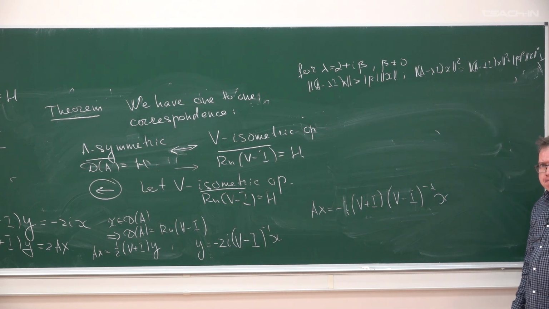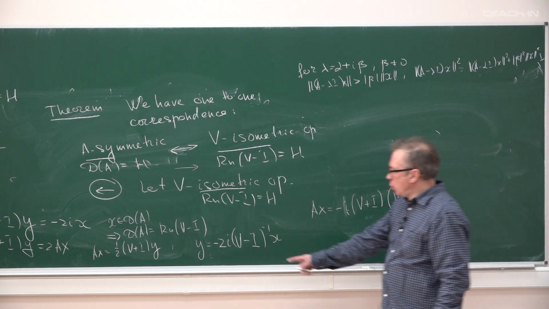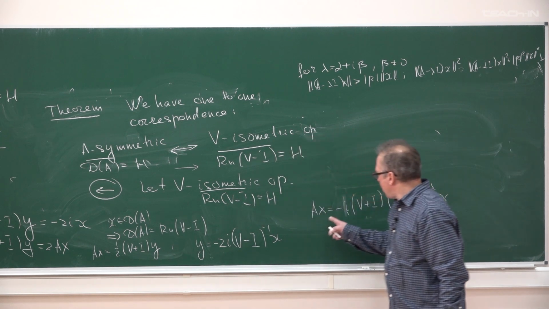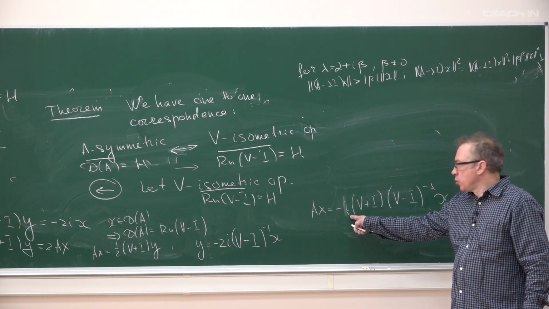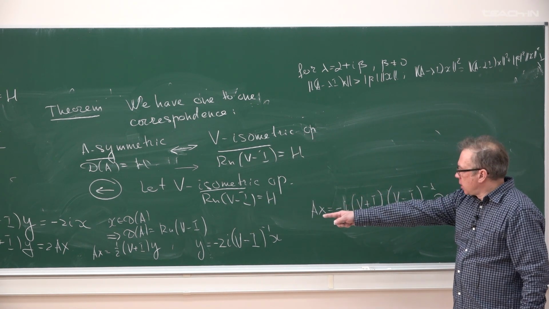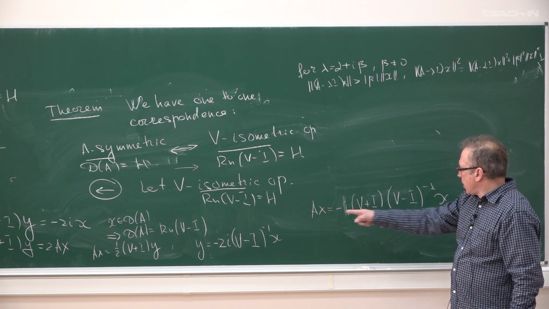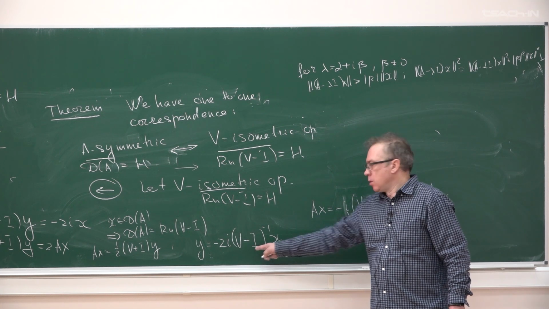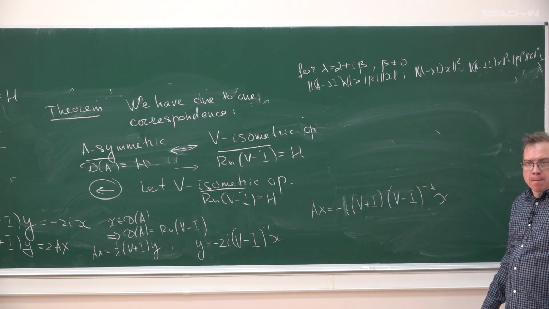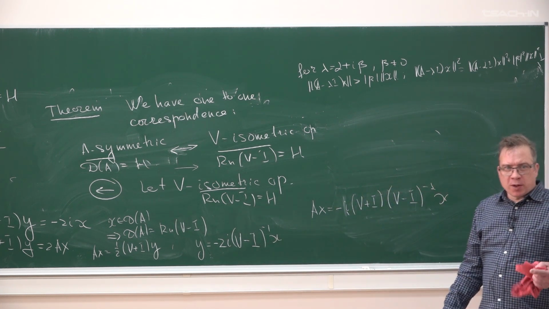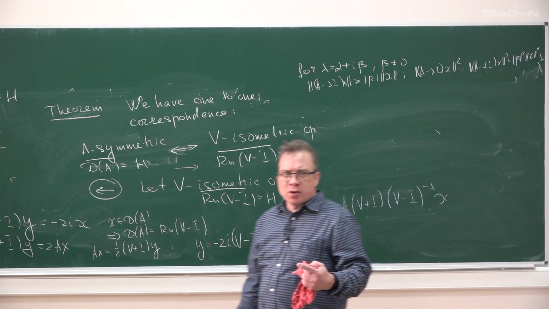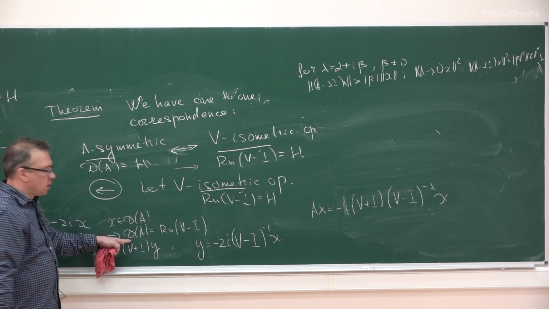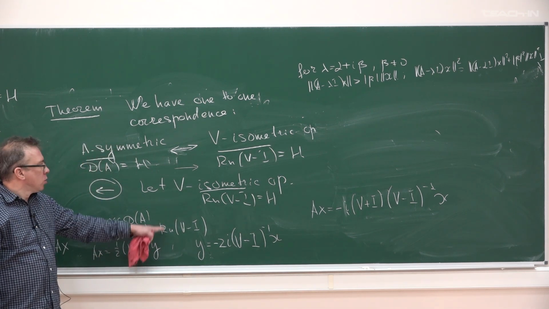Yes? This 2 and this 1/2 reduced. We obtain minus imaginary unit, operator V plus 1, and except Y, I substitute this formula. So we obtain the operator, and what do we need to show for this operator? We know that the domain of this operator is dense, because it coincides with the range, which is dense.